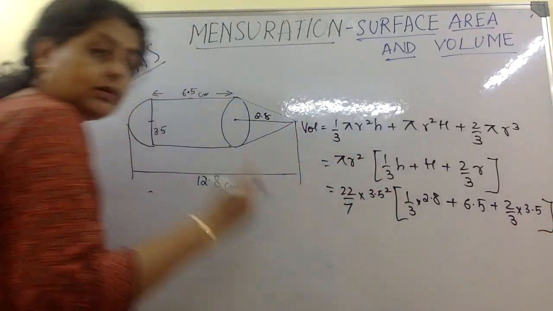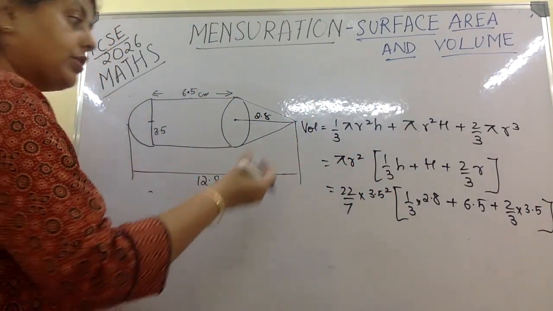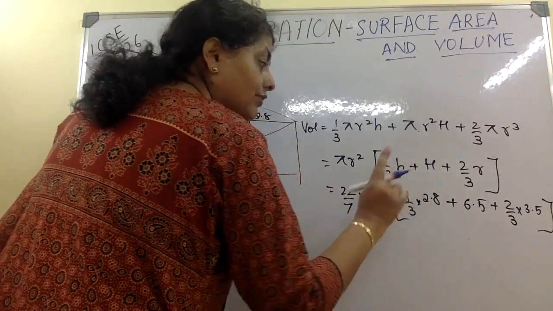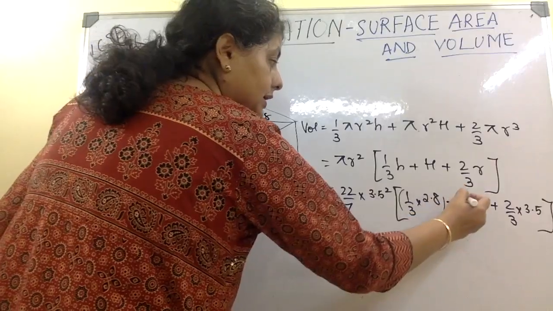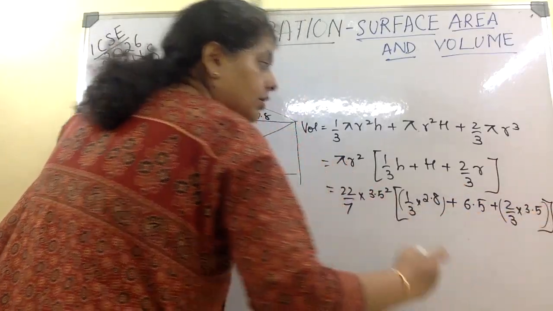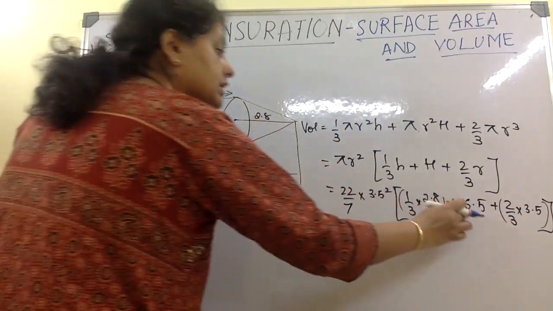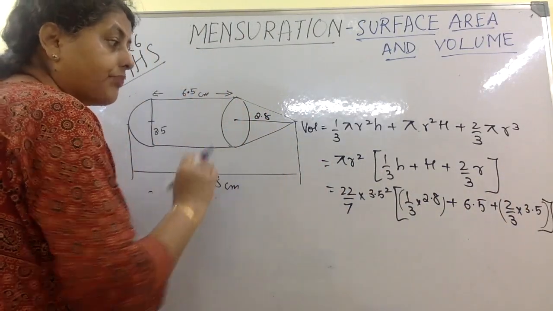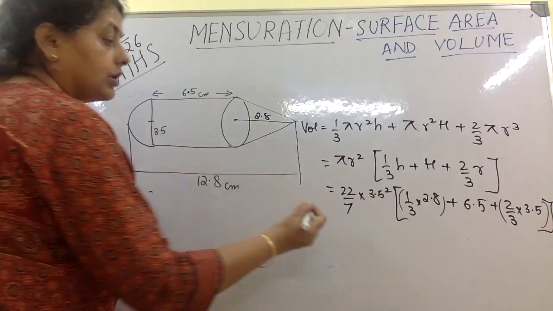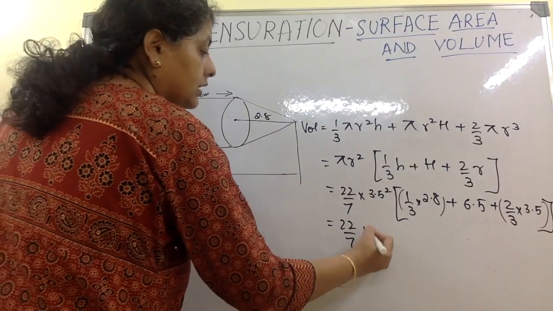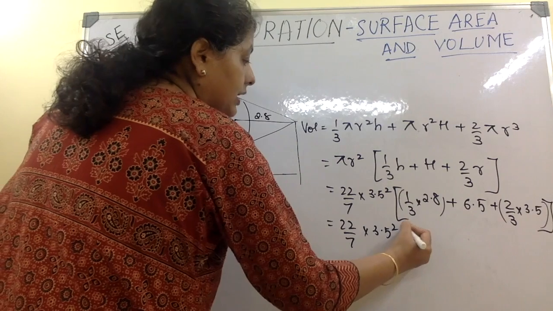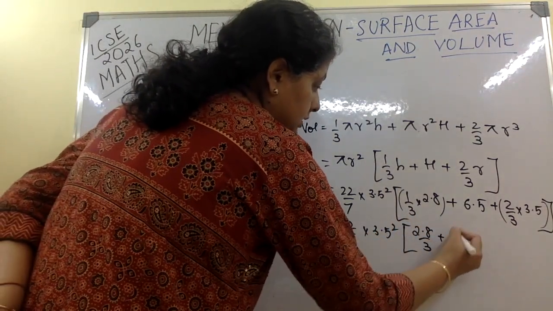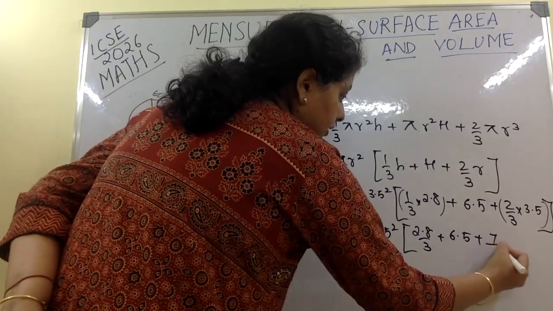Now here what we have to see is where we go wrong. We go wrong in the BODMAS. We start adding 2.8 with 6.5. No. If you want, you can put small brackets to avoid mistakes. Follow BODMAS strictly. Now I'm going to work on 22/7 into 3.5 square, and here I have 2.8/3 plus 6.5 plus 7/3.